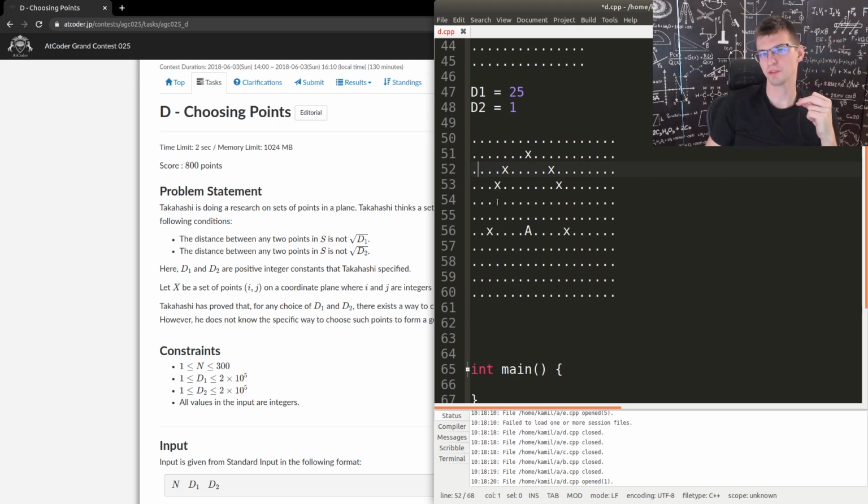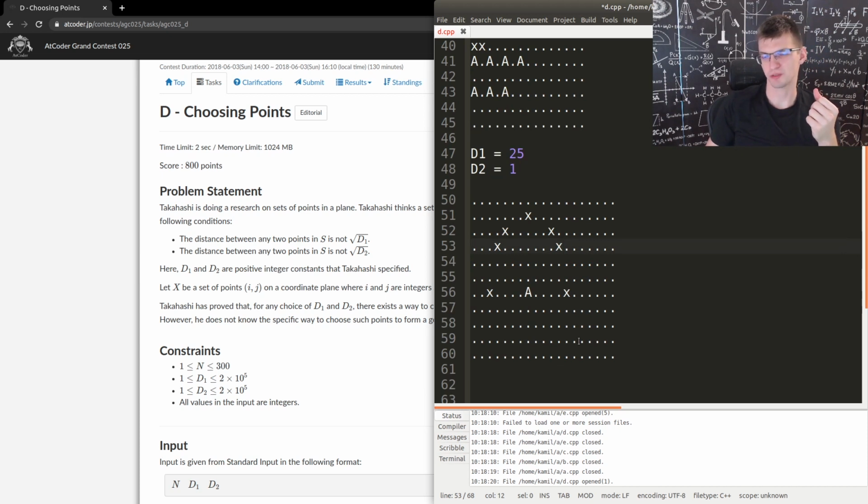Maybe I should think about circles, because what is forbidden is a circle with center at A. Or we can think about it in some other way. If we forbid X, it's good to take things at distance 5. So I can draw a circle with center at X, and I can try to say I want to take those points exactly on the circle.